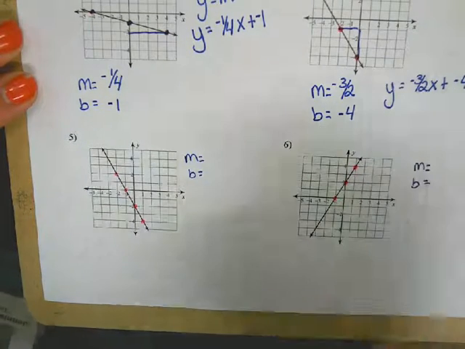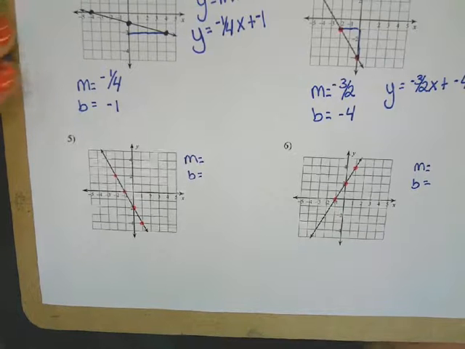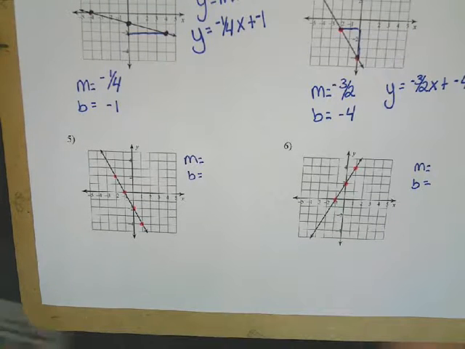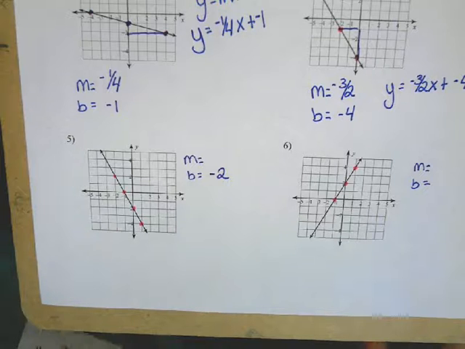Okay, so on number 5, easy thing to identify first is your y-intercept, or my b. So what is my y-intercept? Negative 2. Any questions on how we got that? Everyone got it? Alright, what is my slope? Negative 2 over 1.